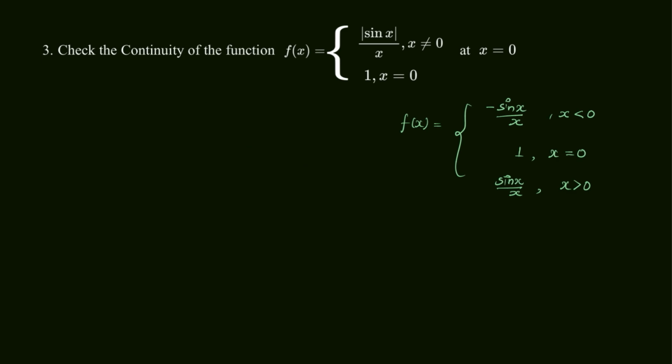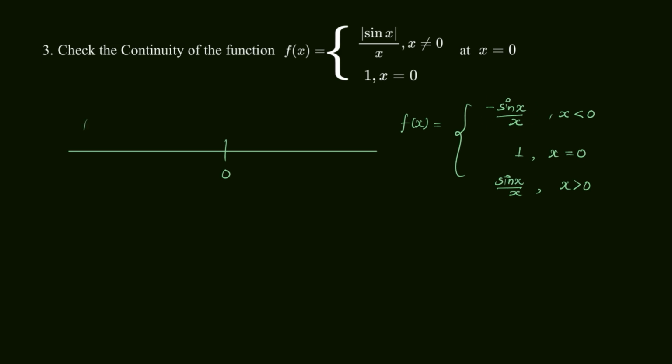Now since my critical point is 0, so first let me draw a number line and let me mark a critical point as 0. Now as you can see that when x is less than 0, the function is minus sin x over x.